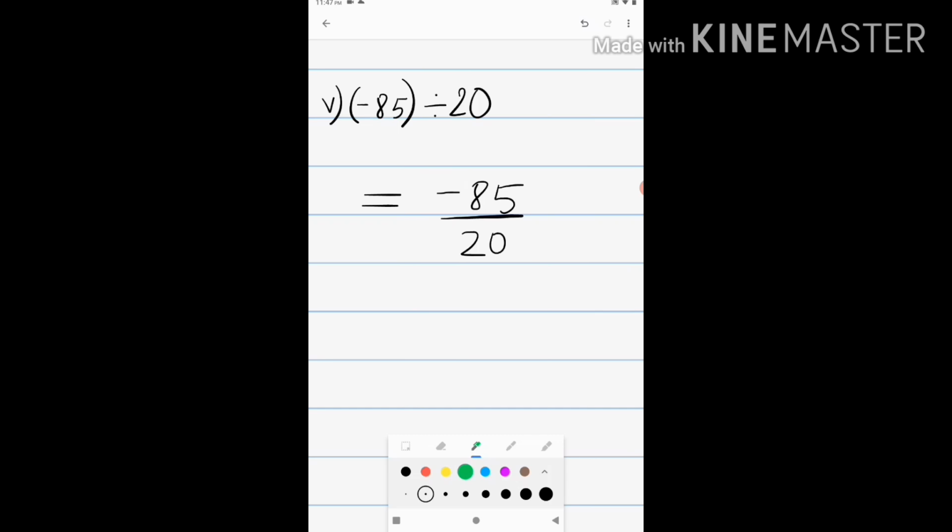So we'll begin with our cancellations. So 5 4s are 20 and 5 1s are 5, carry 3, 5 7s are 35. So the answer here is 17 and 4.